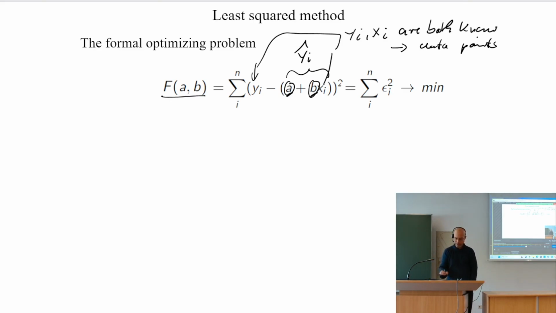Well, and how do we minimize a function with two variables? What do we have to do mathematically? If you have a function only f of x, and if you want to minimize this, what are you doing?